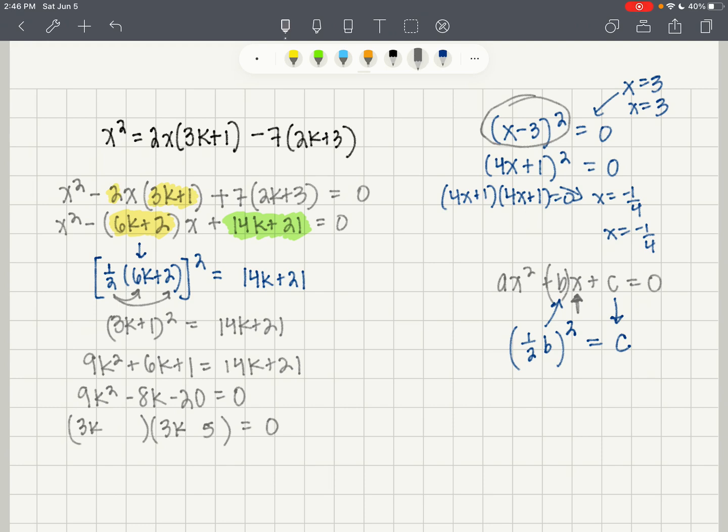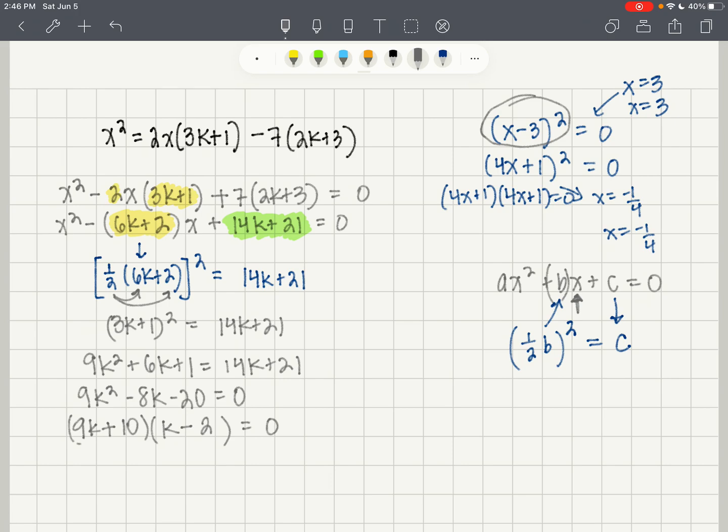Let's try 10 and 2 maybe. 10 and 2 is not going to work. So maybe we've got 9k and 1k. And now maybe I've got 4 and 5. No. 2 and 10 maybe. 18, 10, that's it. Negative 18 plus 10.